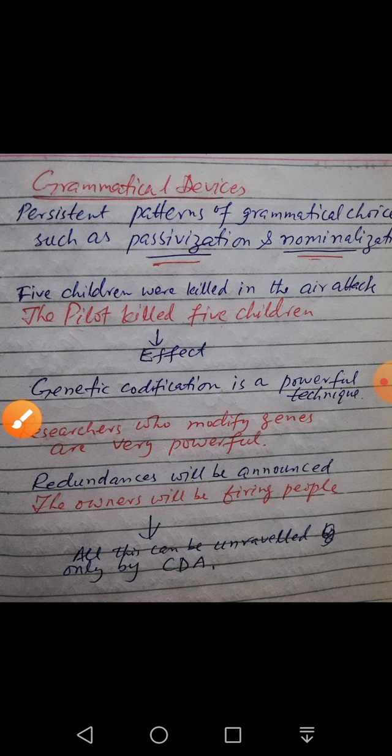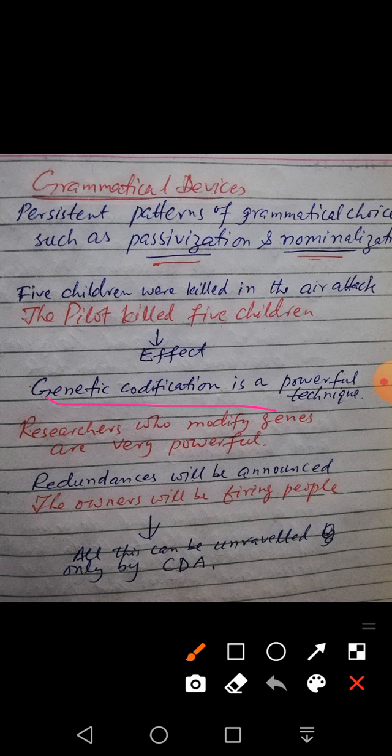But in order to avoid criticism from religious authorities, this language is used: genetic codification is a powerful technique. The actual sentence was: researchers who modify genes are very powerful. So the effect is different when you use nominalization like genetic codification. This noun is used in order to avoid criticism.